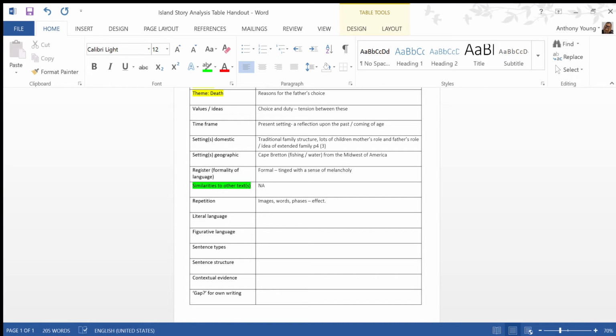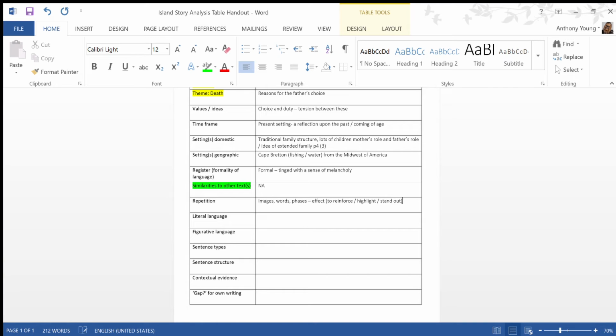But I want to highlight that most of the time, the effect of repetition is to reinforce or highlight ideas. It's there to make the idea stand out.